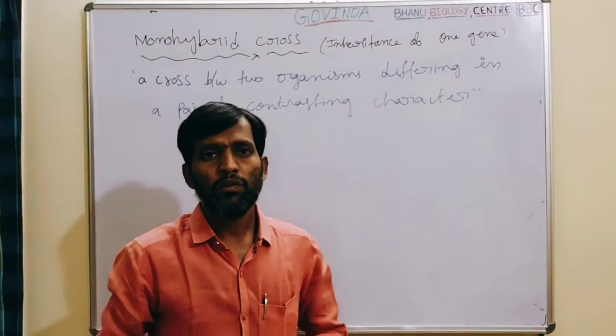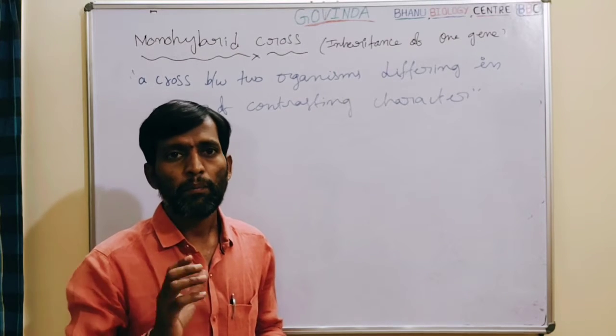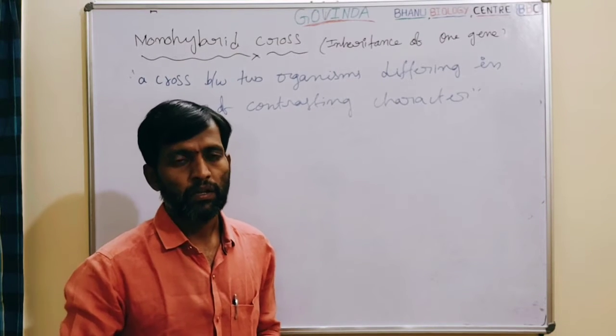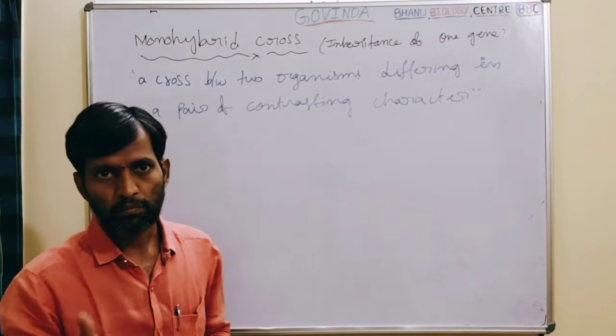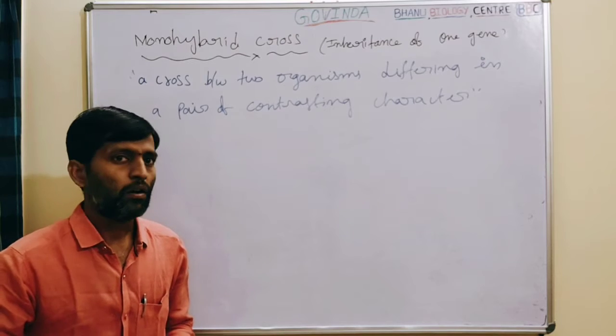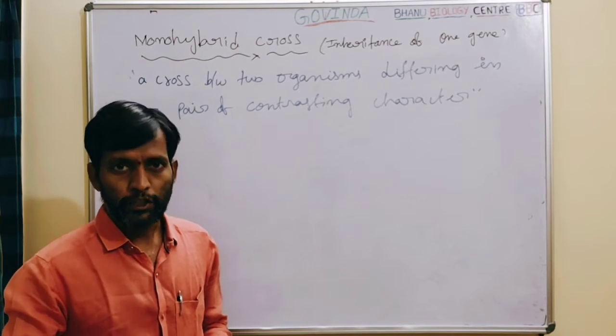In the previous video, I clearly explained that a total of 7 characters were selected by Mendel for his experiments, like stem height, flower color, flower position, pod color, pod shape, and then seed color and seed shape.